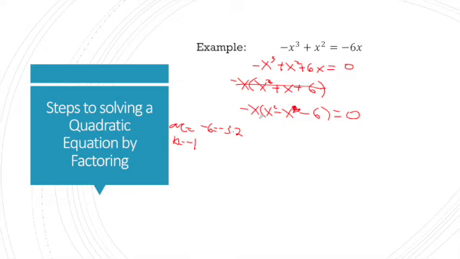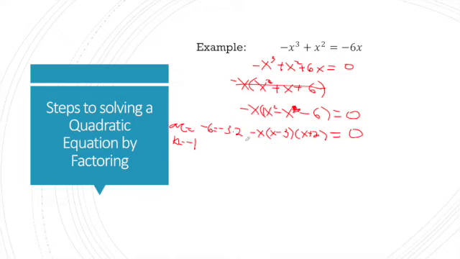Because my leading coefficient is a 1, I'm able to use the shortcut that I can pull these apart so that I have x minus 3 and x plus 2. Keeping in mind that I did not forget our greatest common factor we pulled out.